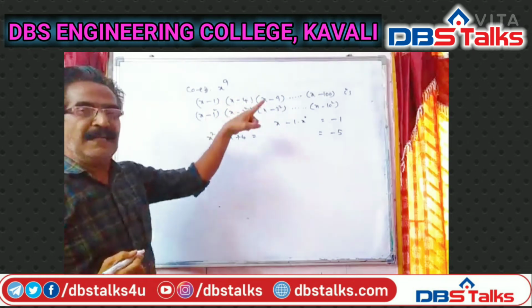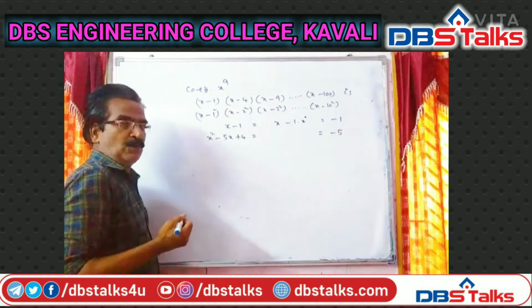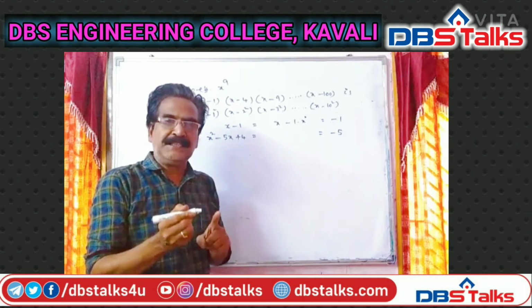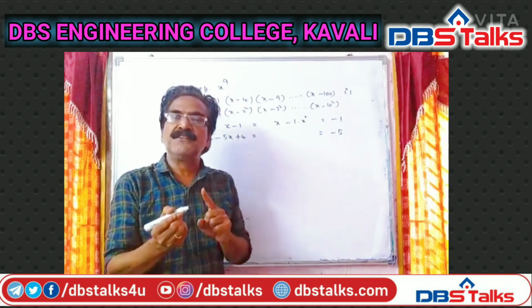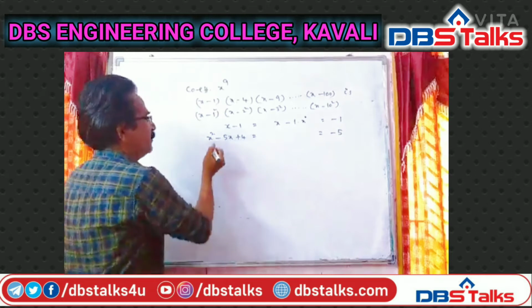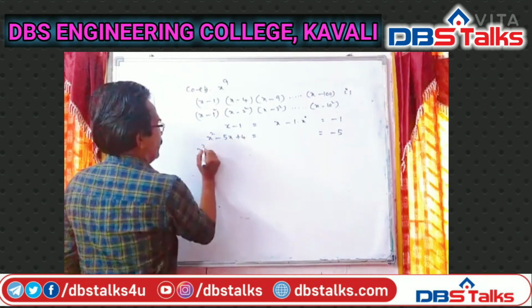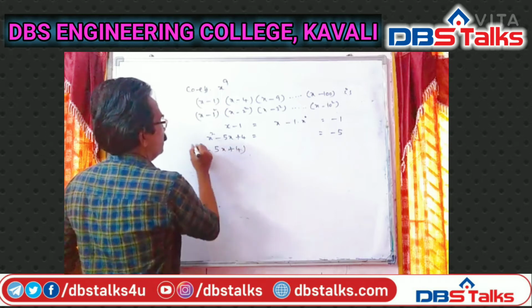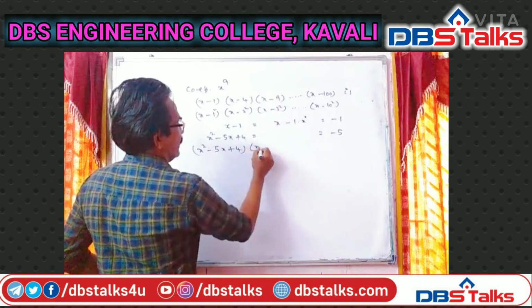And let us multiply the third term also. When we multiply 3 terms, we have to observe the coefficient of x square. So this is (x square minus 5x plus 4) into (x minus 9).